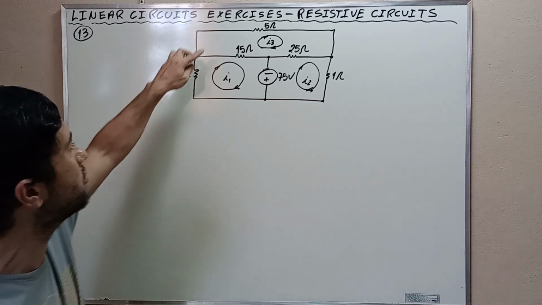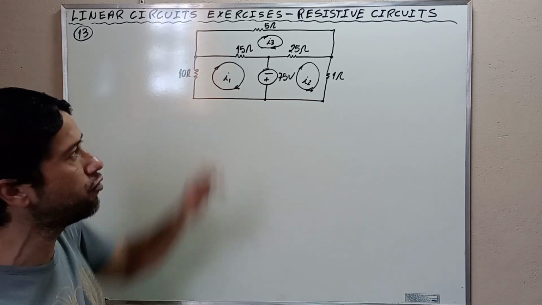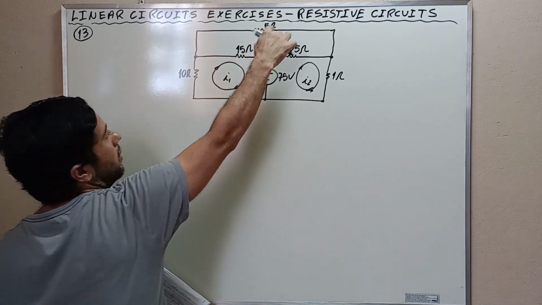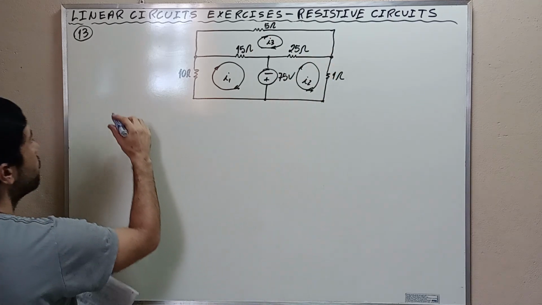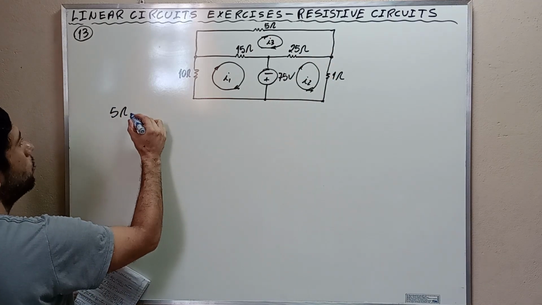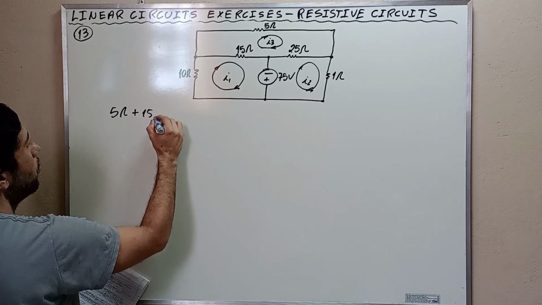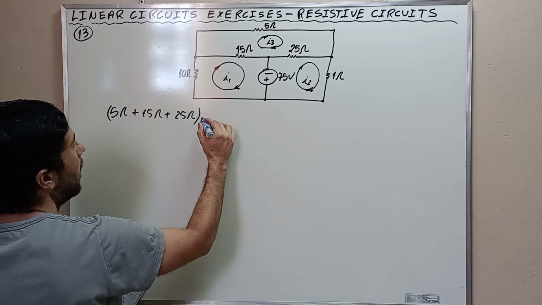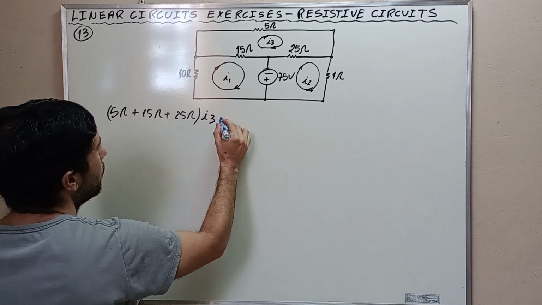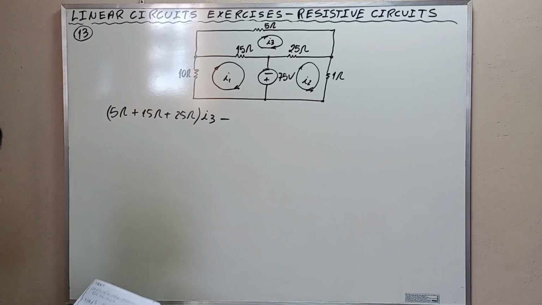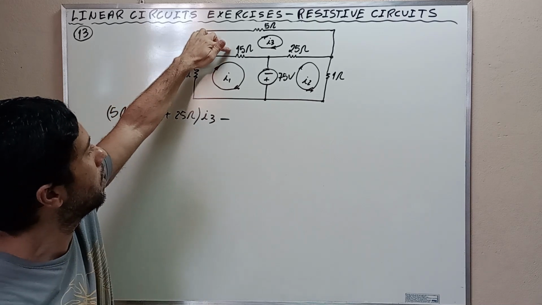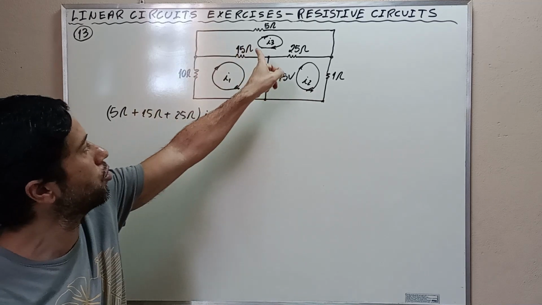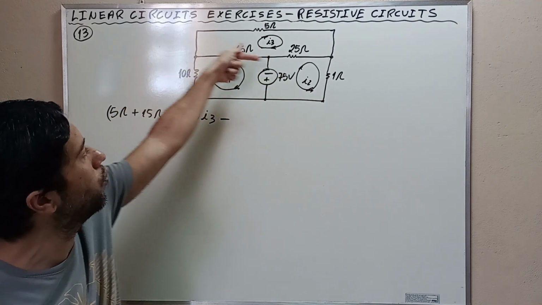First of all, let's consider the loop of I3. I3 passes here, here, and here. So it is going to be 5 ohms plus 15 ohms plus 25 ohms times I3 minus this resistor here. Observe this resistor here. I3 passes there and I1 passes there.